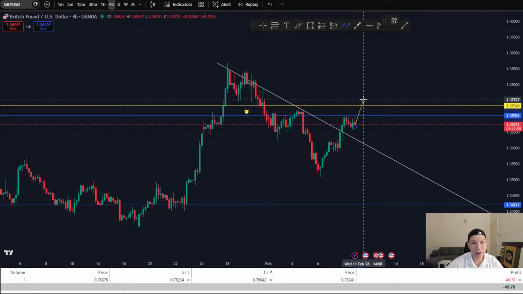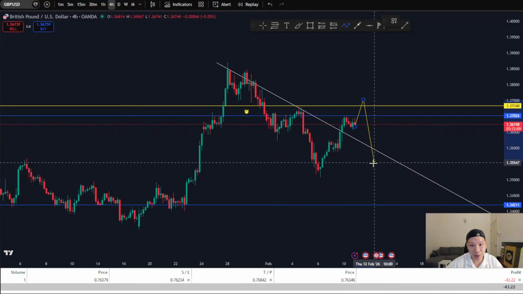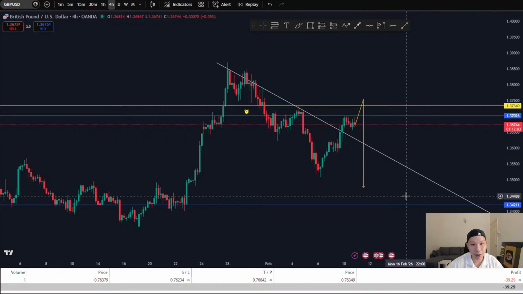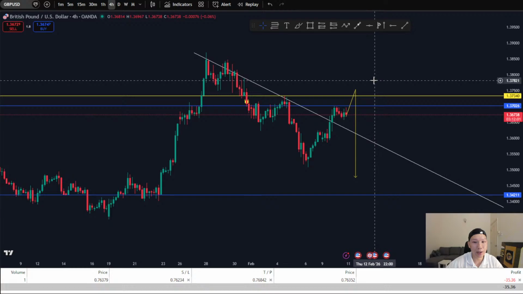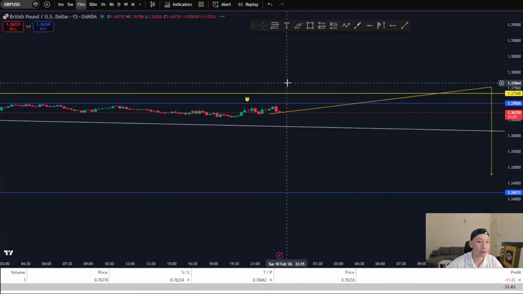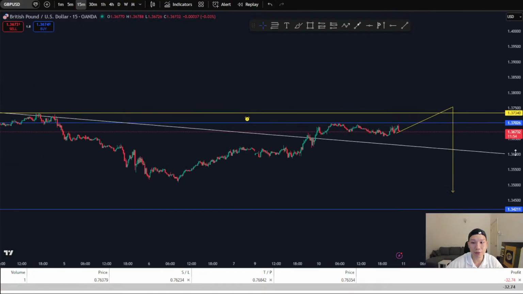But usually, based on the strength of the balance and the compression, I will actually take advantage of the compression itself, and then I'm gonna take a trade all the way down here. You got what I mean? So that's why I'm gonna set an alarm here, and let's take a look at the 15-minute chart to see if it's better or not.